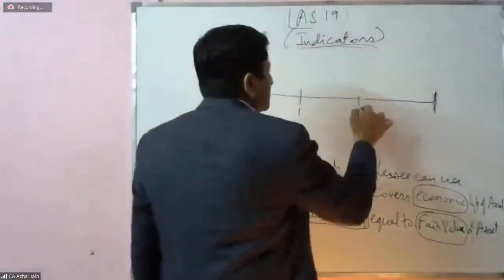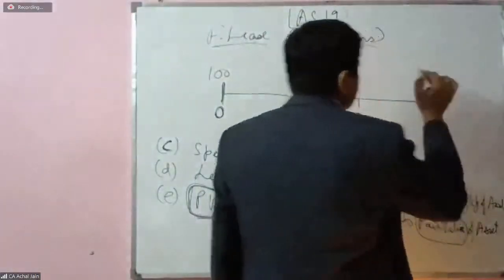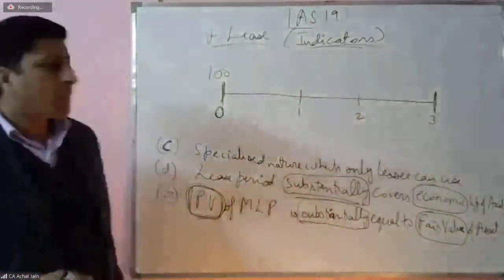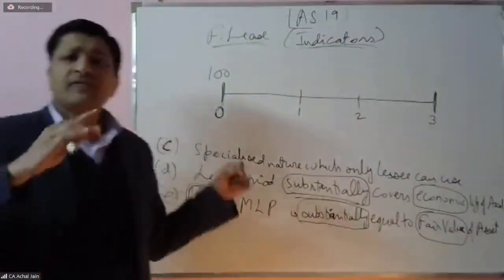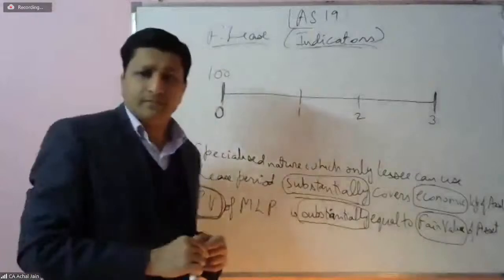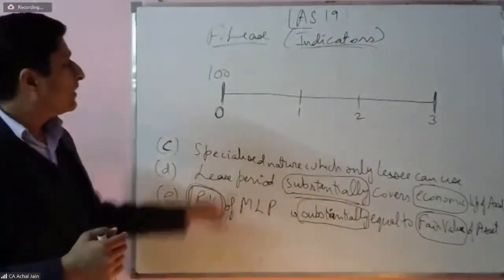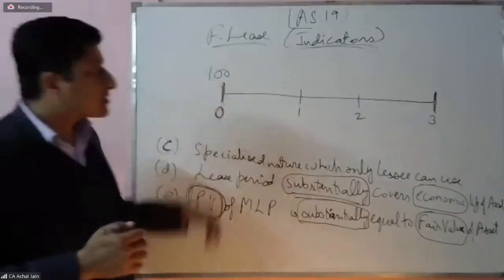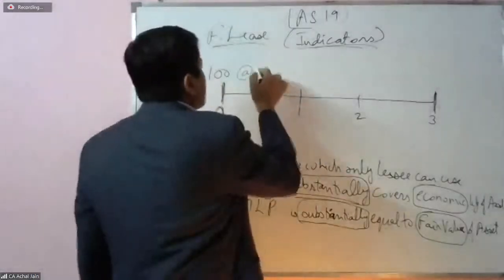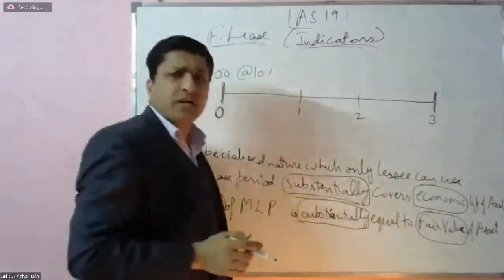This is year 1, this is year 2, this is year 3. Let's suppose you invest rupees 100 in the bank today. So what will happen? After 1 year, interest will be earned on this, say at the rate 10%, assuming 10%.